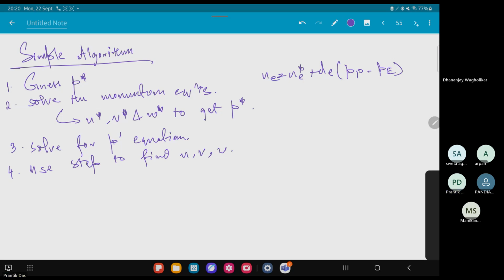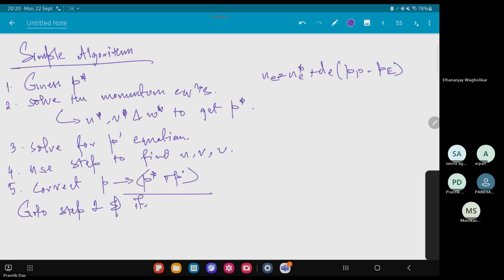In the first step itself, you correct P. How to correct P? That is basically P star plus P prime. Then you go to step number 1 and iterate till convergence. Is it clear to all of you?